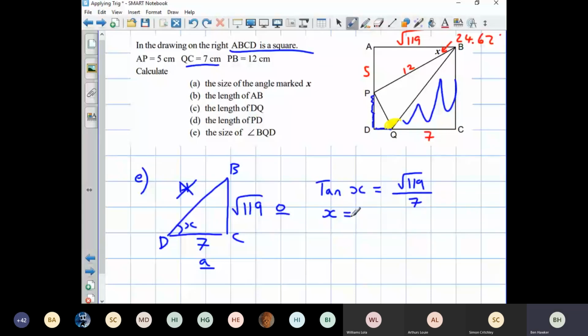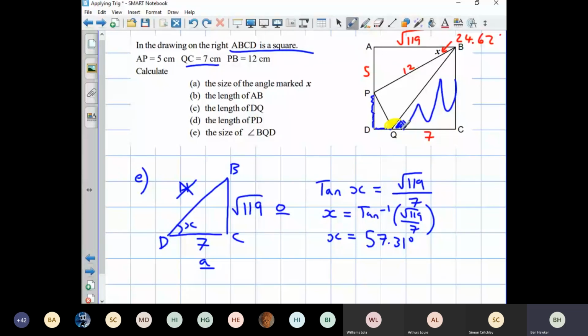Therefore, the inverse of that is going to be equal to 57.31. However, I'm not after this angle, which is what I've worked out.